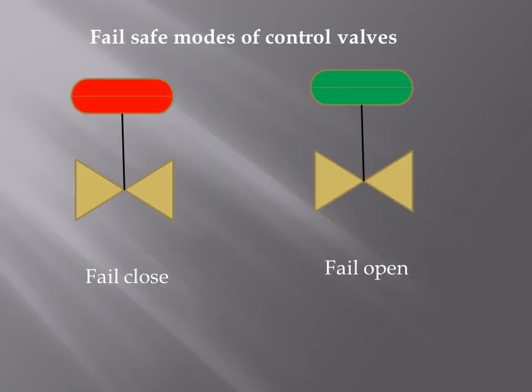When you go around the plant, you can see the control valves having basically two colors, red or green. The coloration depends on the fail-safe condition of the control valve. If the valve closes on instrument air failure, it is colored red, and if the valve opens on instrument air failure, the valve is colored green.